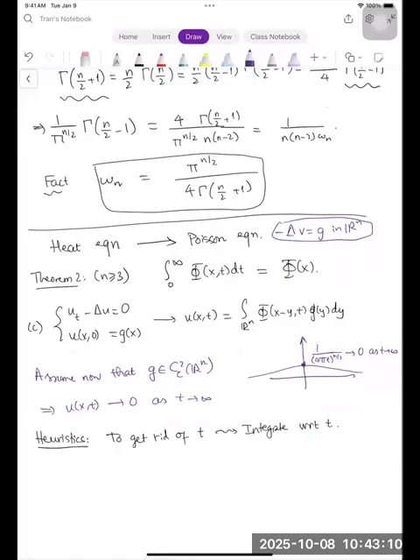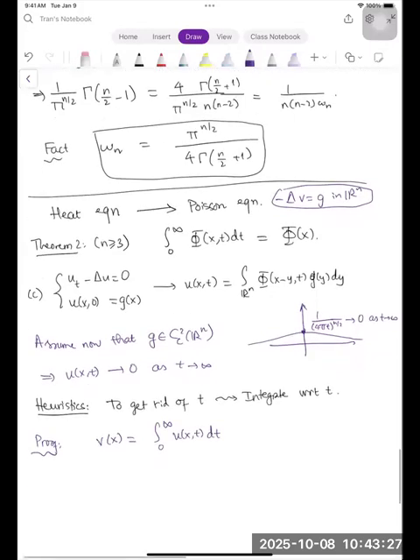Okay, so we prove that we can go from the heat equation to the Poisson equation. I just need to define v of x equals the integral from 0 to infinity of u of x,t dt, so I integrate with respect to time. Then what do I have?